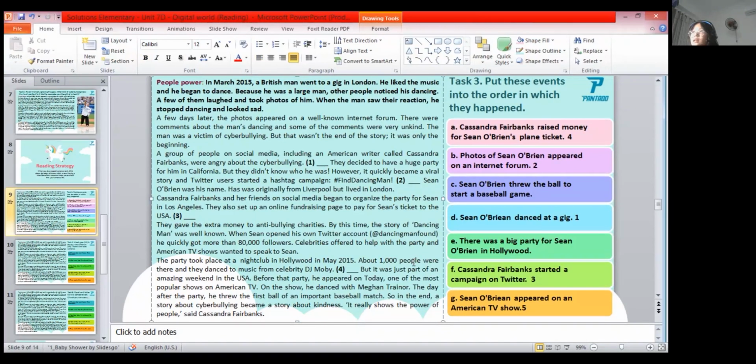We have two more, C and E. Which one comes first?